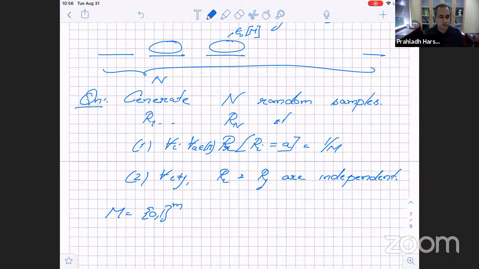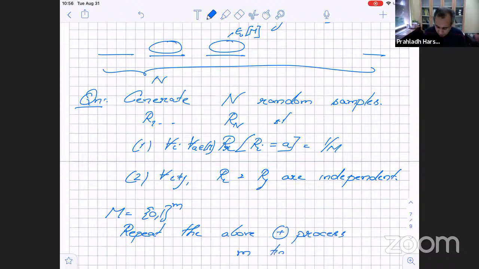I do it once to generate the first of the m bits, another time to generate the second, the third time, and so on. So let's just repeat the above XOR process m times. That will give you this.